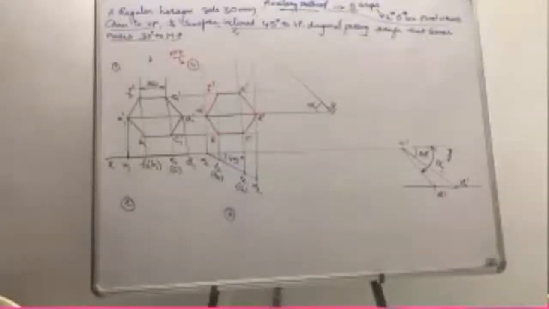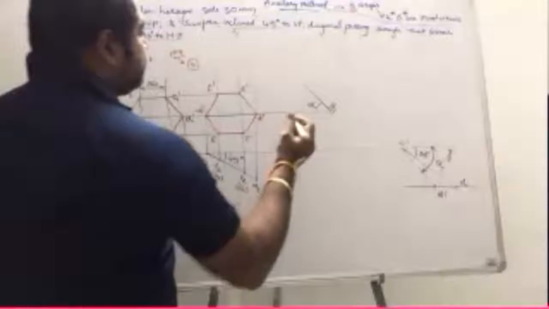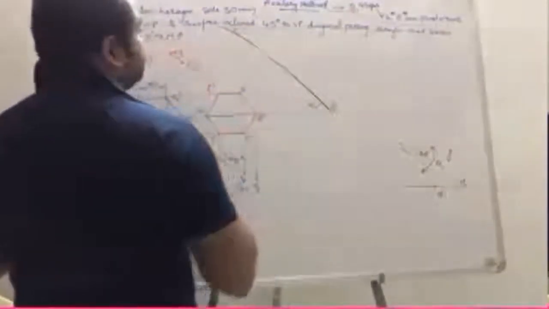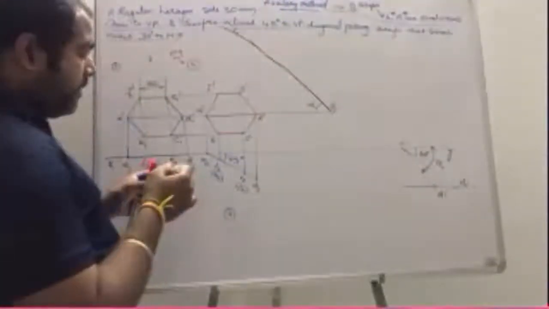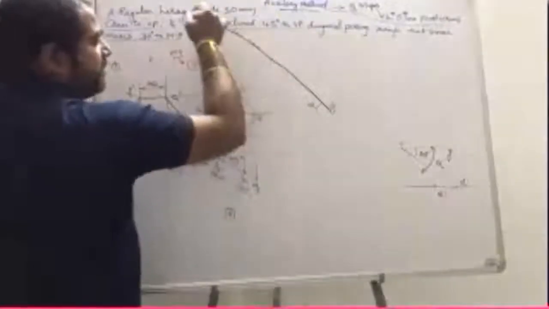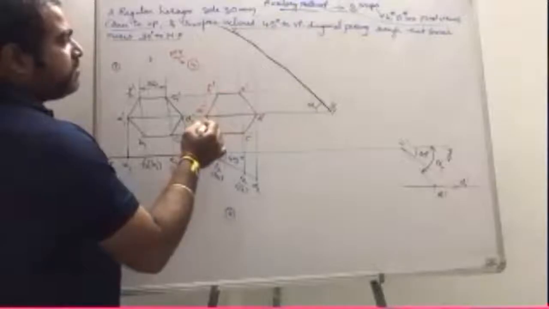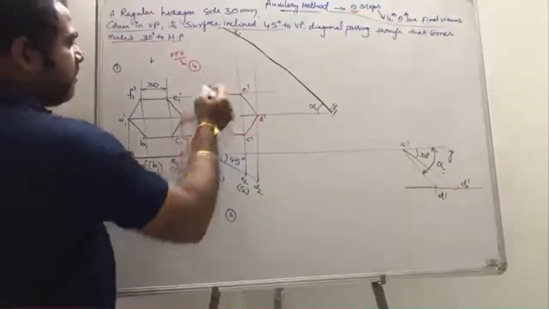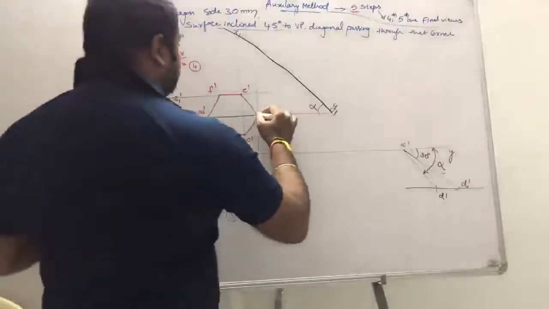Now draw the perpendicular projectors from the new reference line x1, y1 from all the points in the final front view.